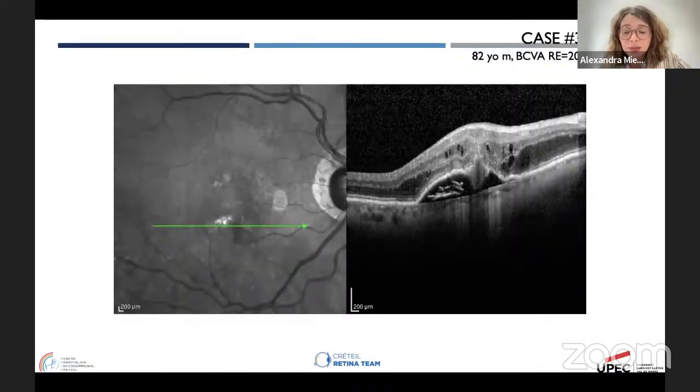On the OCT, the image is quite surprising because we can see that we have a hyperreflective intraretinal complex, corresponding to a type 3 macular neovascularization with intraretinal fluid. But to our great surprise, we also have some hyperreflective lines in the sub-RPE space, in the PED, that look a lot like what has been described as an onion sign.